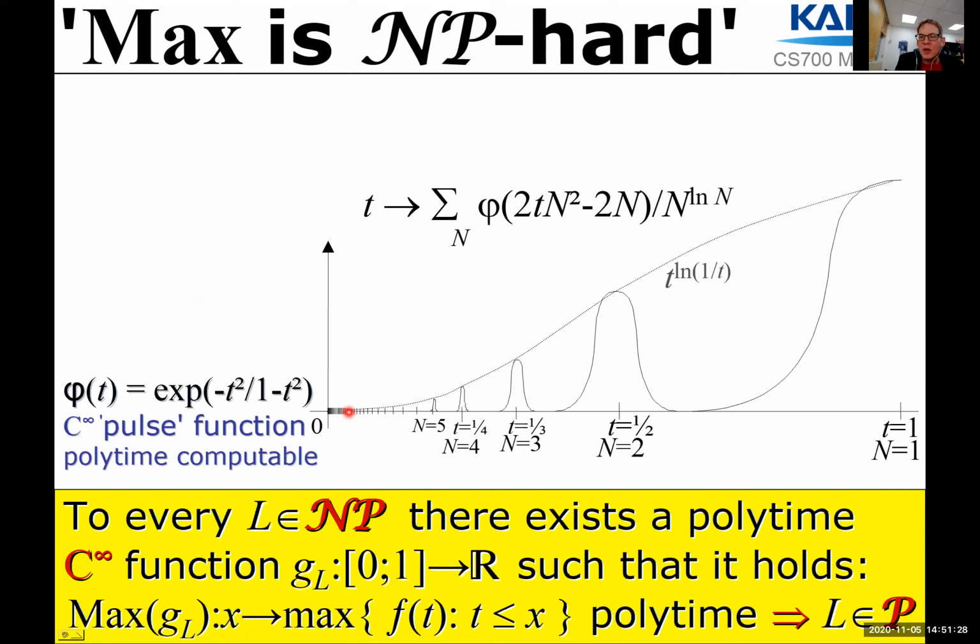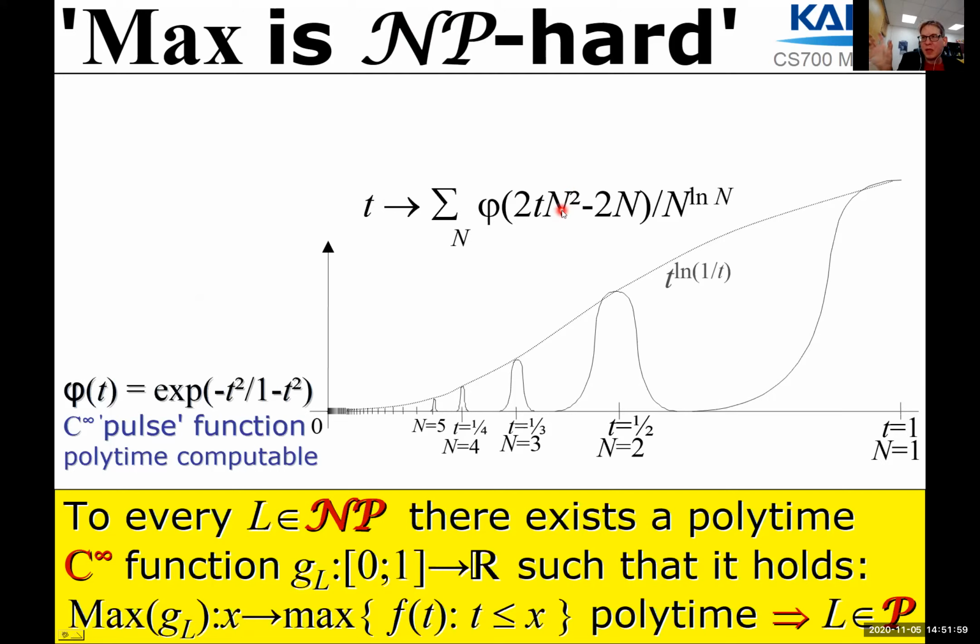And now what you see here is an explicit expression for this collection of pulses. So here you see the pulses, they are shifted, right? So you see minus 2 times n, that means a shift, and they're scaled in x direction a little bit stronger, right? So here you see scaling with n squared, n ranging over all natural numbers.